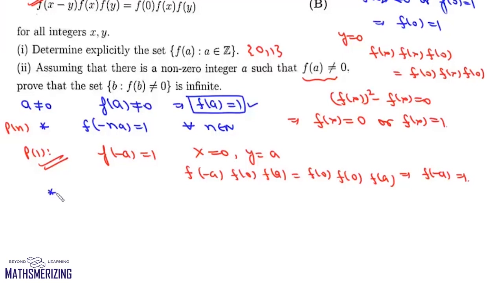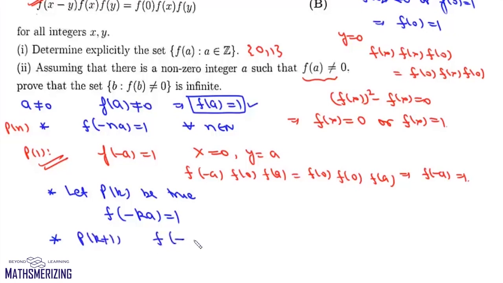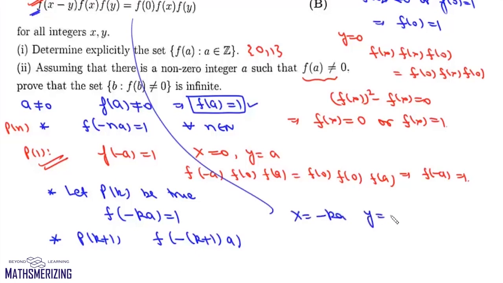Now the second step is we let Pk be true. So if Pk is true, that means f of minus ka is equal to 1. From here we have to prove that Pk plus 1 is true. Now Pk plus 1 is f of minus k plus 1 a. For that, in this second equation, we'll put x as minus ka and we'll put y as a.